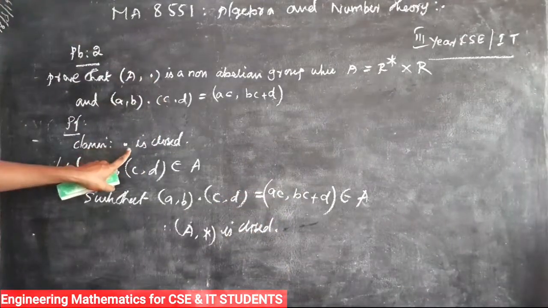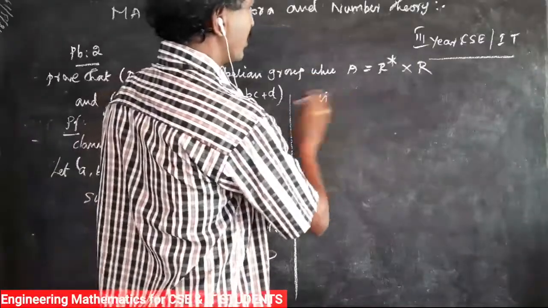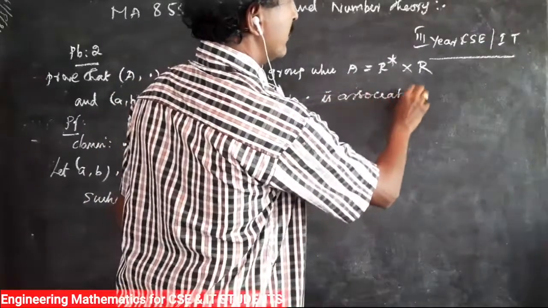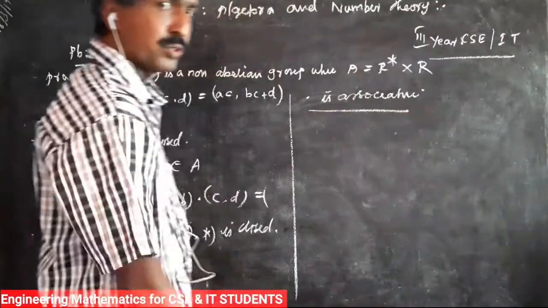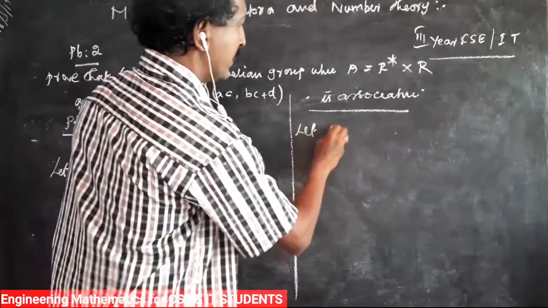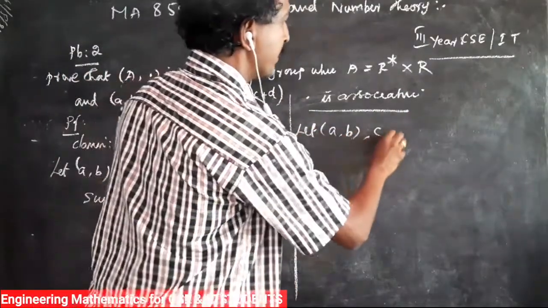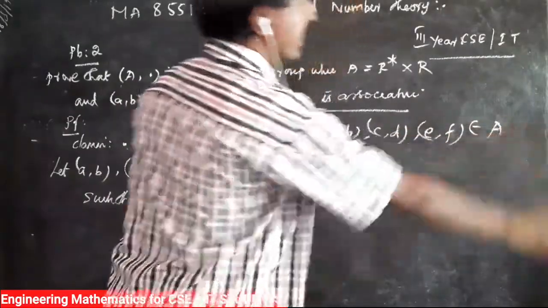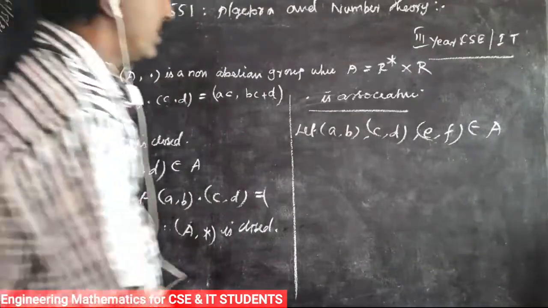Next we prove the associative property. Dot is associative. Let (A, B), (C, D), (E, F) belong to A. We take three elements.